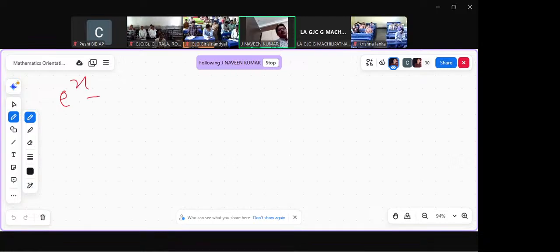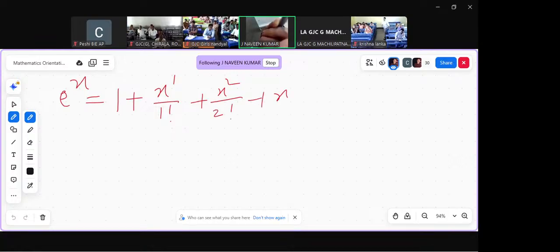E power x, we can write it as 1 plus x power 1 by 1 factorial plus x square by 2 factorial plus x cube by 3 factorial plus so on. This is the expansion of e power x.